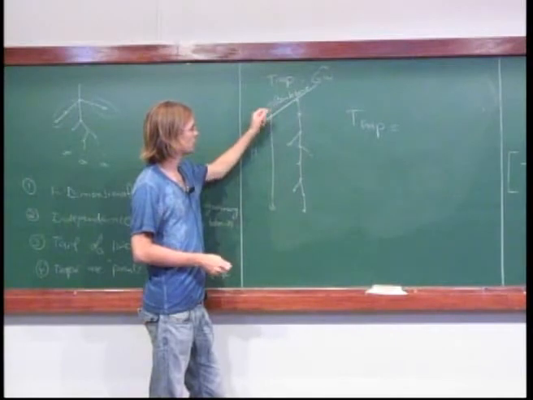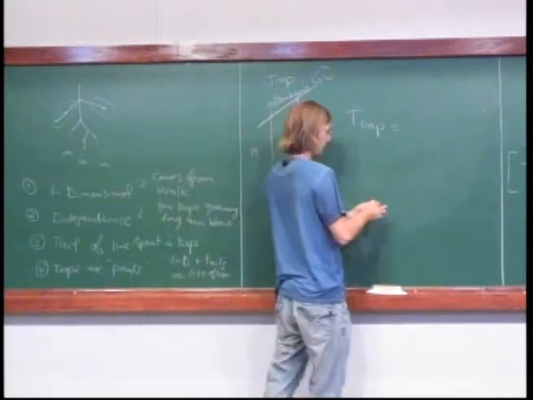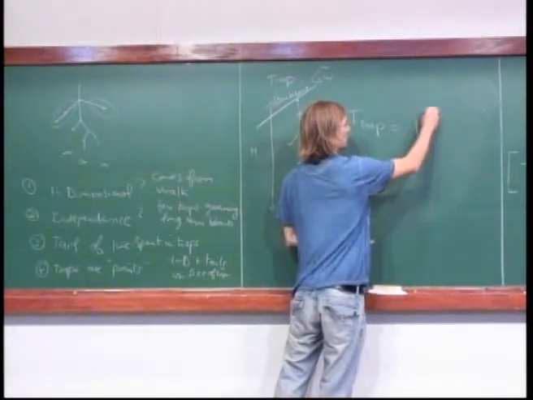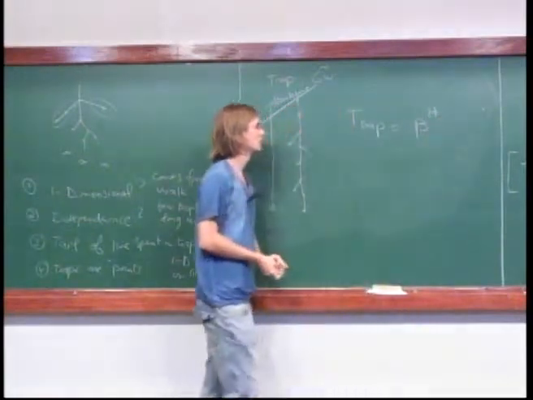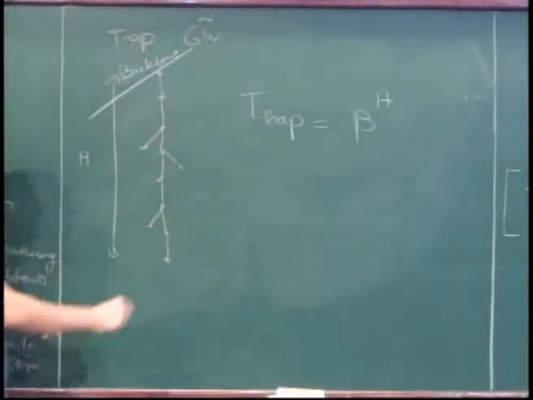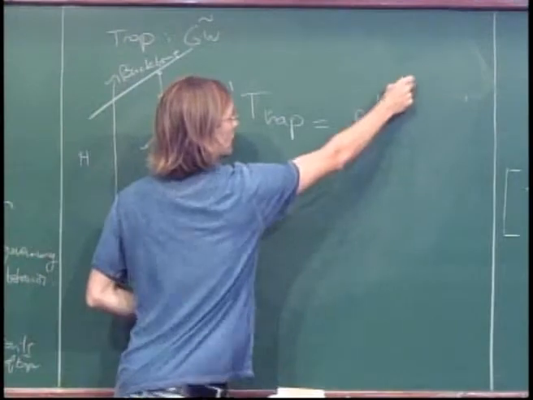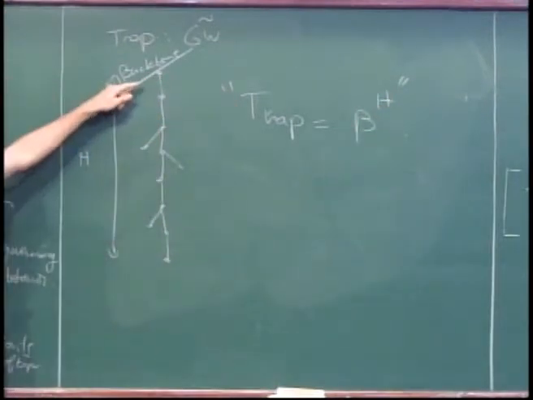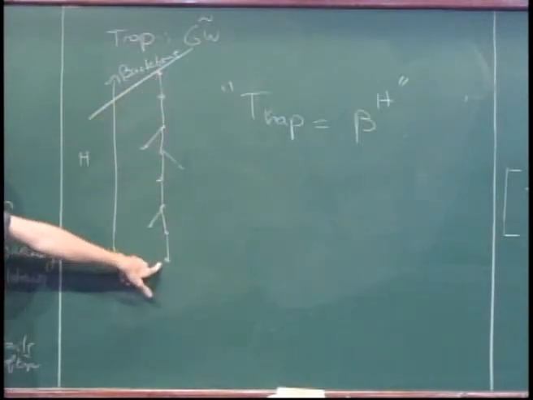So the time spent in a trap can be very well approximated by beta power h. This is not exactly true, but somewhat. So the idea is the following. Let's imagine you fell down at the bottom of the trap and you want to know how long you need to exit from it.